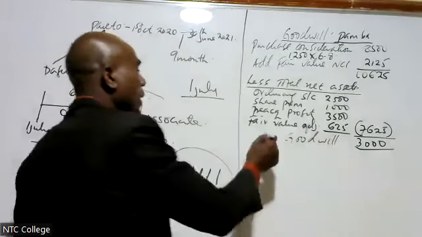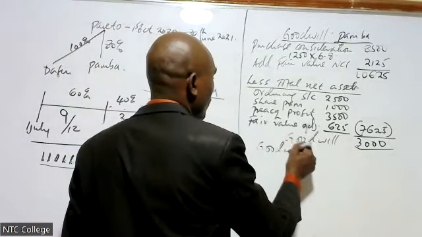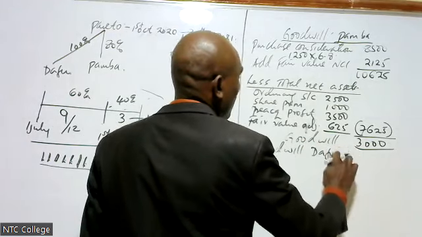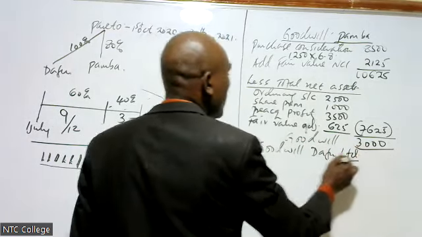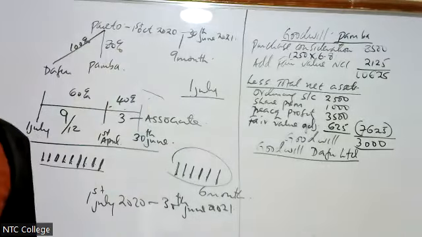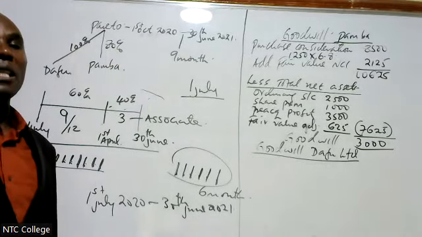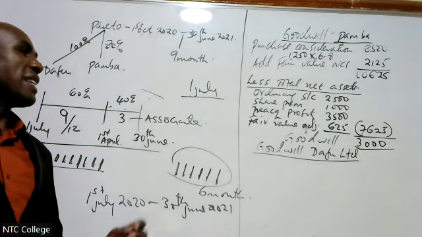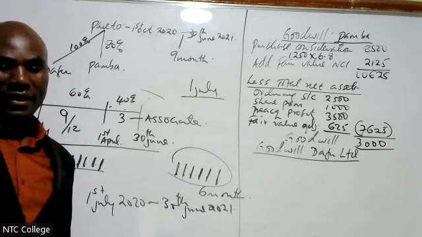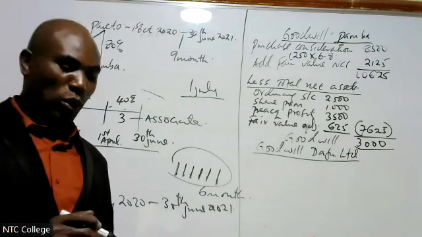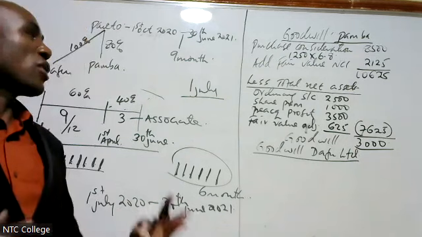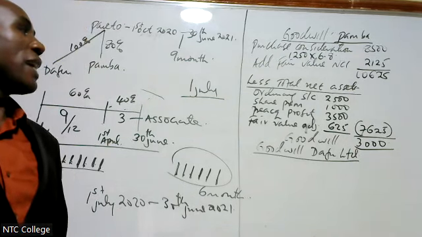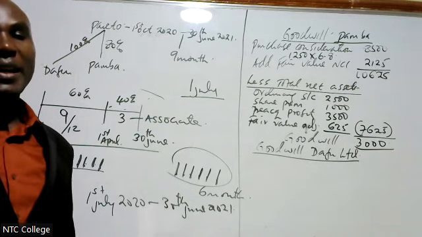Then we come to goodwill in DAF Limited. Remember, DAF Limited was a 100% subsidiary. Therefore, there is no NCI. Listen very carefully. Goodwill in the acquisition of DAF Limited was 100%, therefore there is no NCI there.